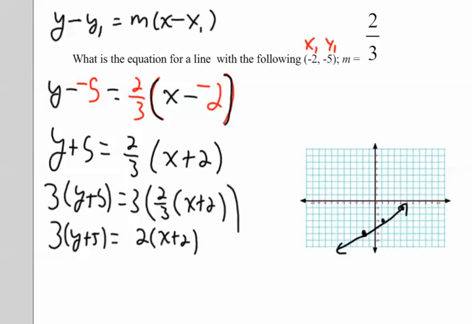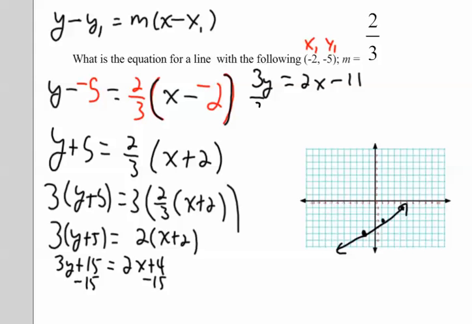That knocks out the 3. Then I distribute: 3y plus 15 equals 2x plus 4. To solve for y, I subtract 15, so now I have 3y equals 2x minus 11.